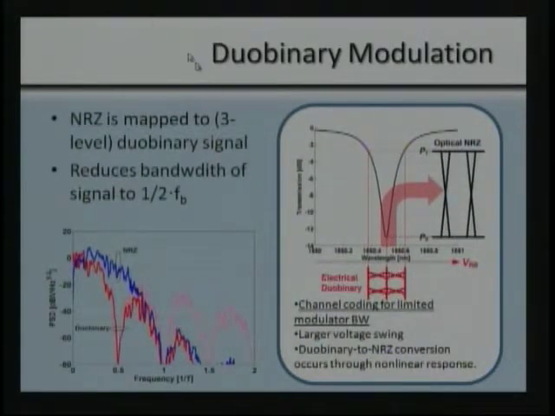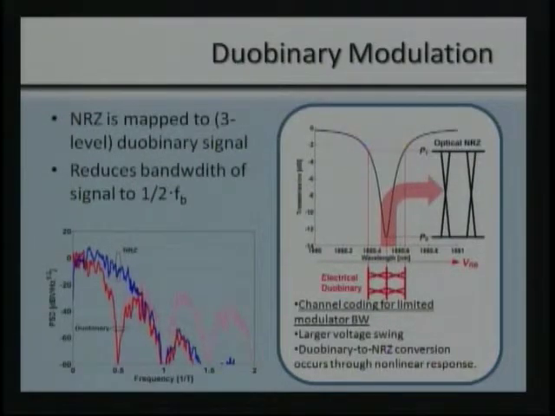Now this was really interesting in the case of the ring modulator because we could use an electrical duobinary modulation, and by modulating around this null, we can get an optical NRZ signal out. So the ring itself does the decoding for the duobinary.